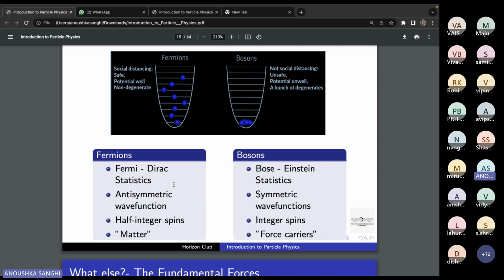As you know, Pauli's exclusion principle says that no more than one electron, if I talk in terms of electrons, can be in the same energy state as another. No more than one particle can be in the same energy state. So it follows the Pauli exclusion principle also.